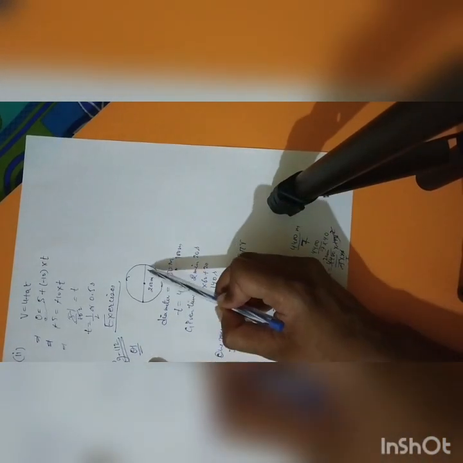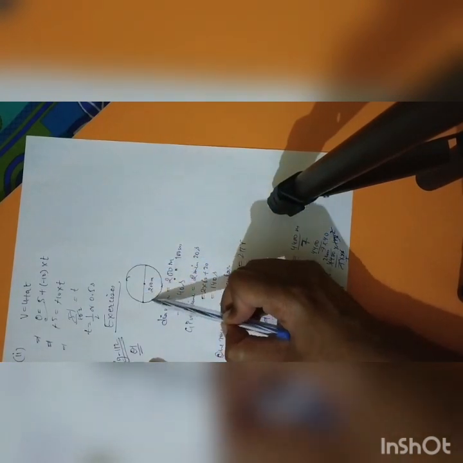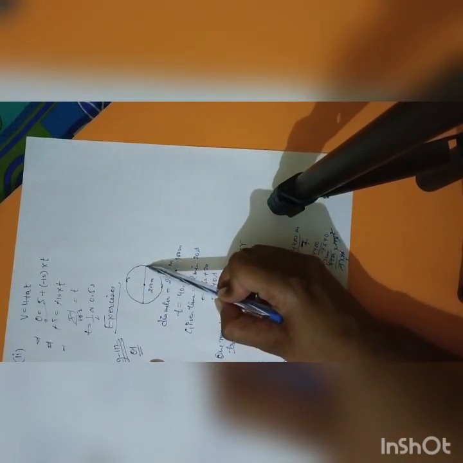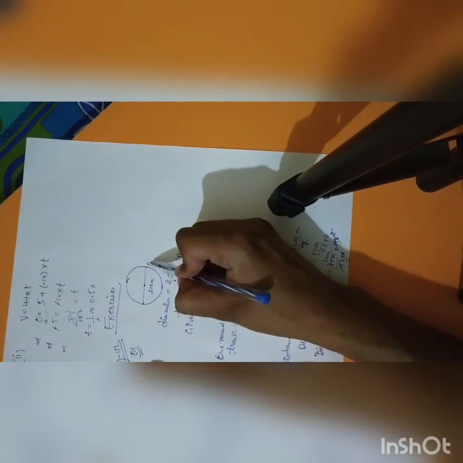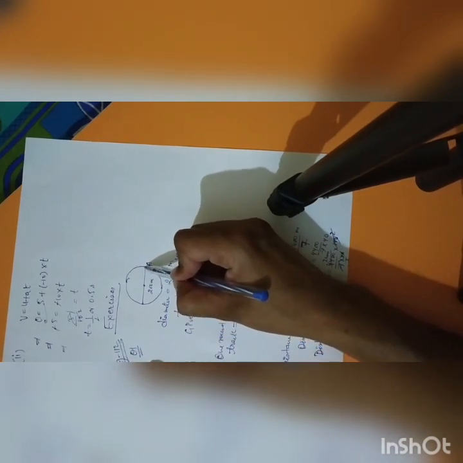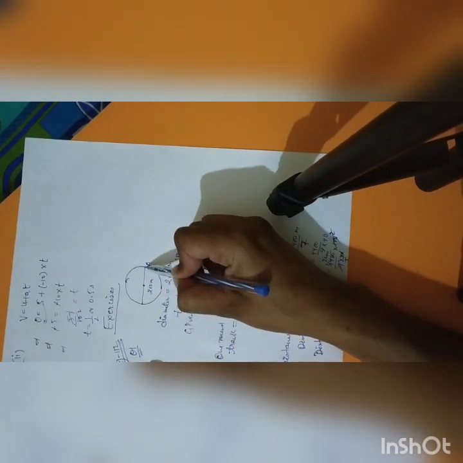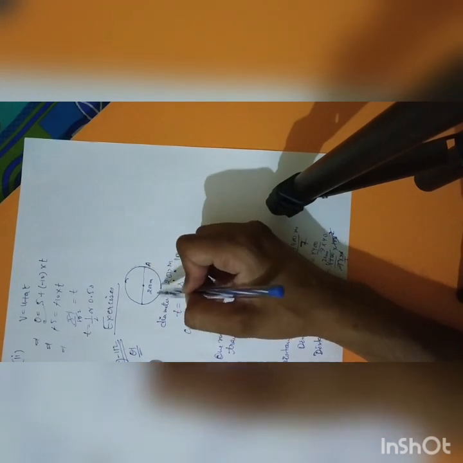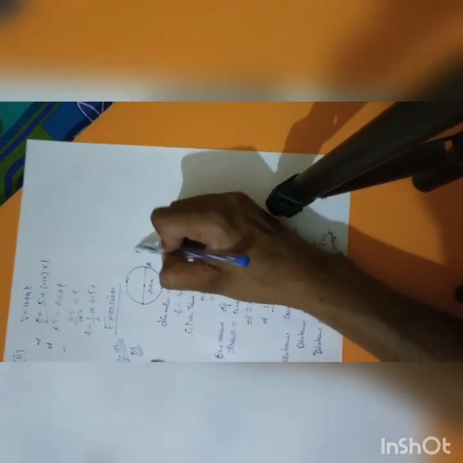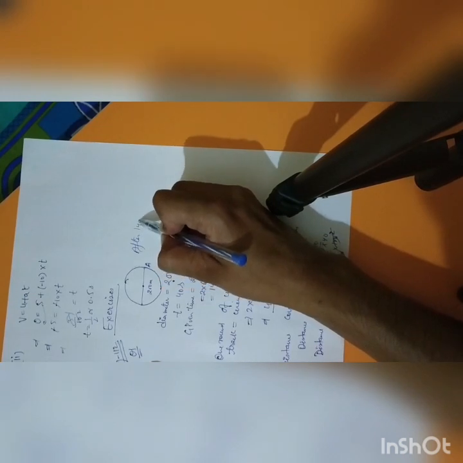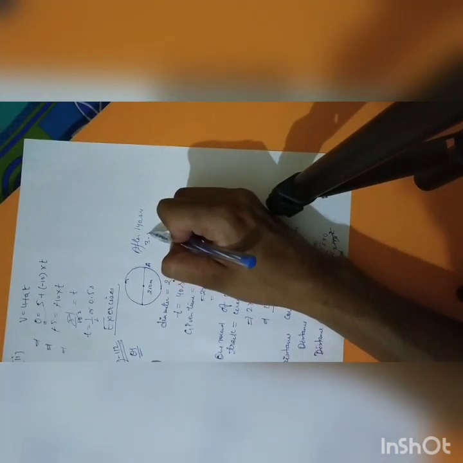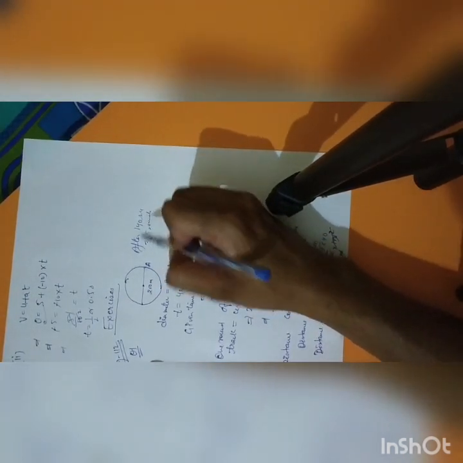As far as displacement is being considered, an athlete completes 1 round in 40 seconds. Let the athlete start from A and complete one round in 40 seconds. After 140 seconds, the athlete will cover 3.5 rounds.